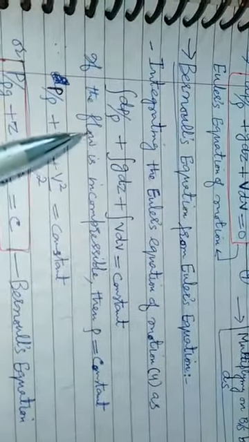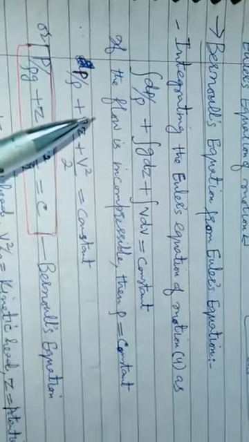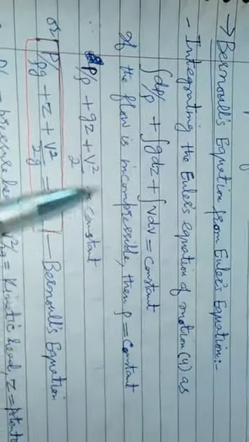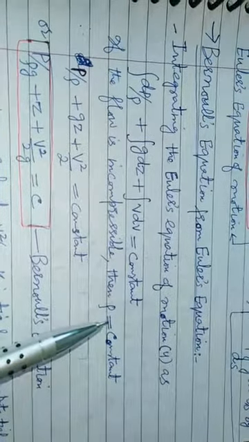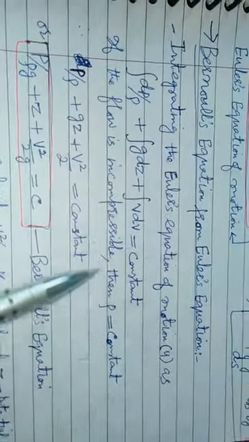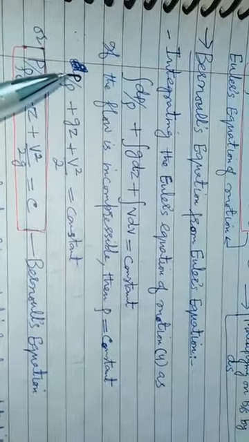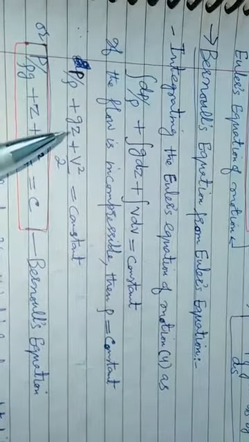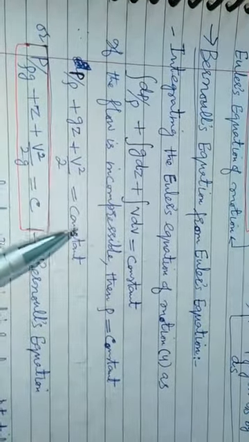In Bernoulli's equation you assume that the flow is incompressible, so rho is equal to constant. Then integrating, we get p by rho plus g z plus v square by 2 is equal to constant.